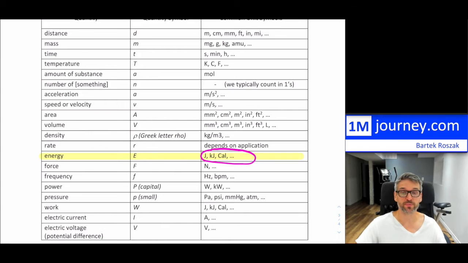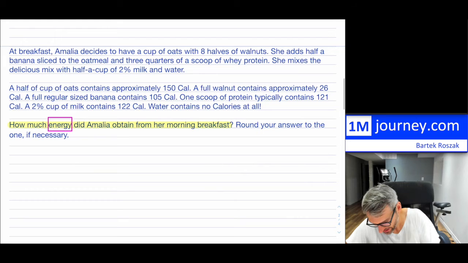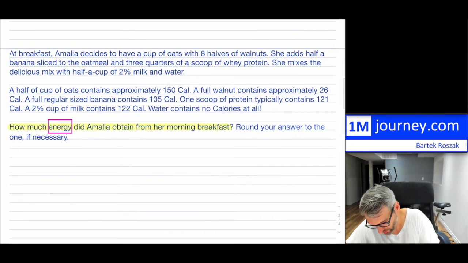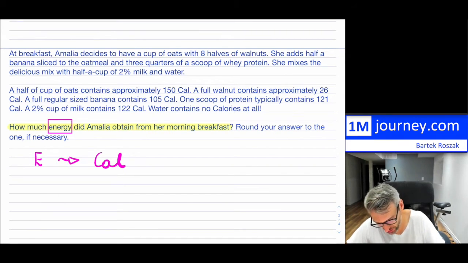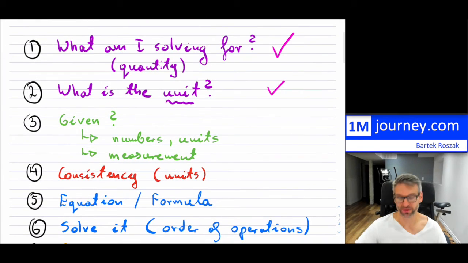Most people, because we eat and check labels quite a bit and it's also in the media, are aware that the main unit for energy is calories. So I note that I want energy, and as I read the question, I'm going to use the unit of calories. That would be my step number 2.